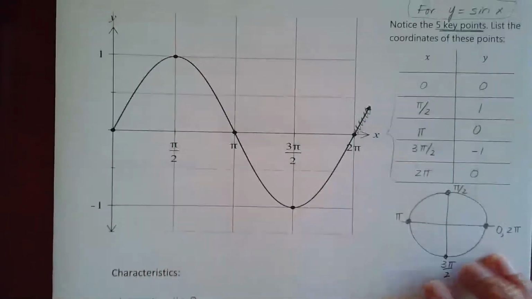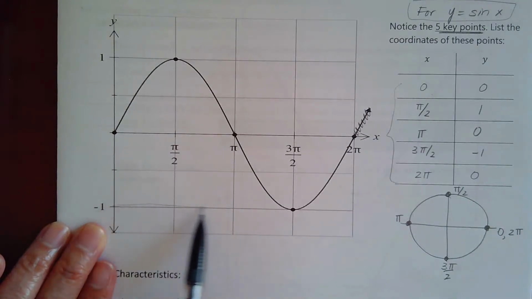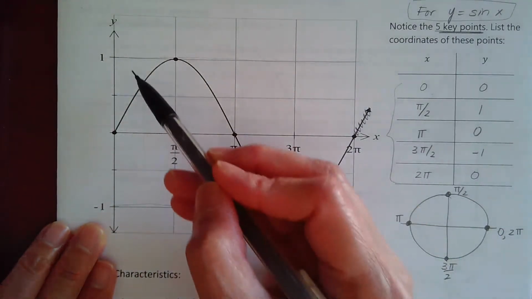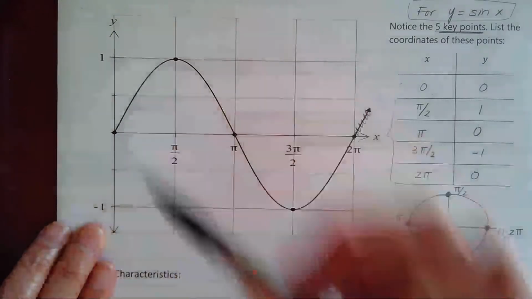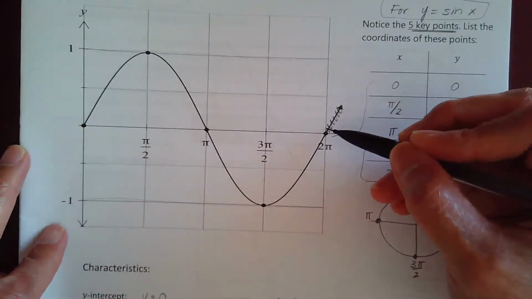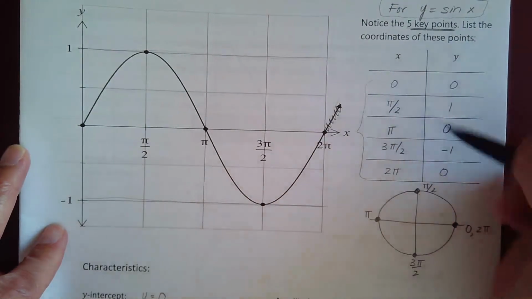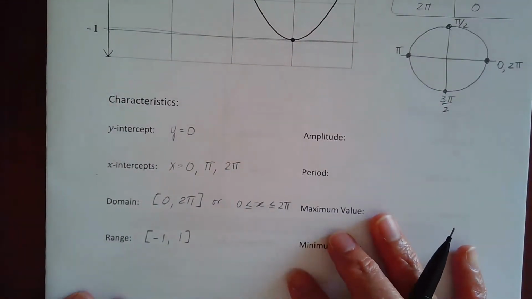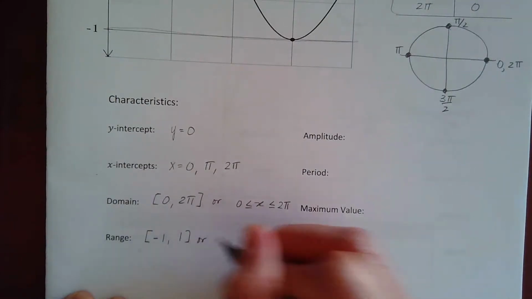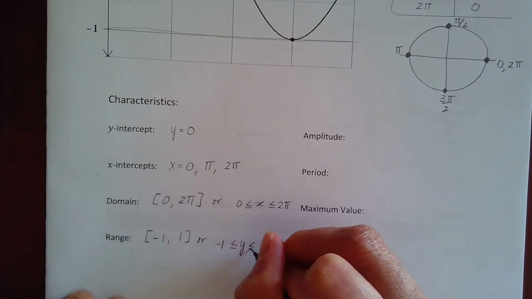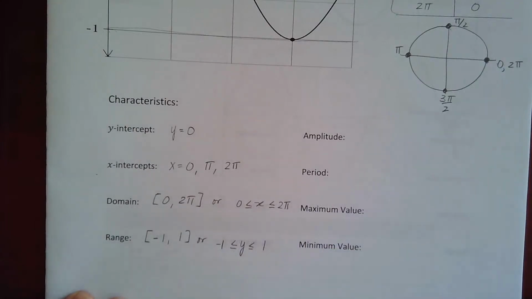Range are the possible values. So the graph is limited between -1 and +1. If this continues on, it's going to hit the maximum still at 1 back. Or we can say y is greater than or equal to -1, but less than or equal to +1.